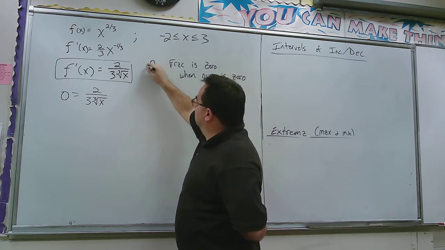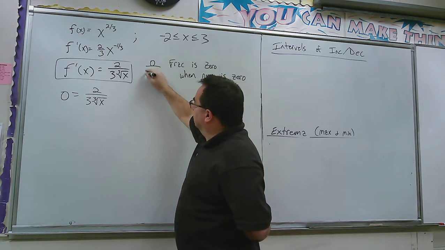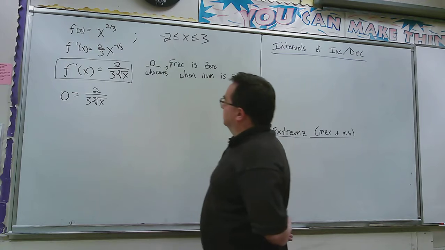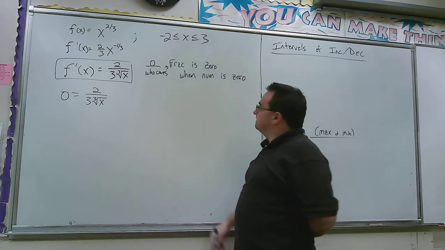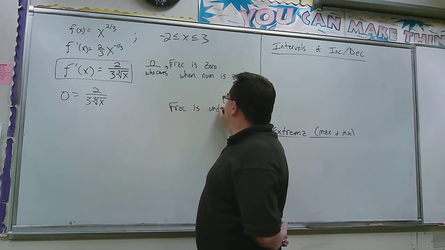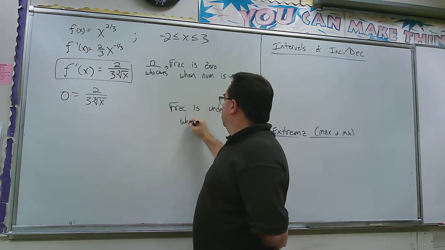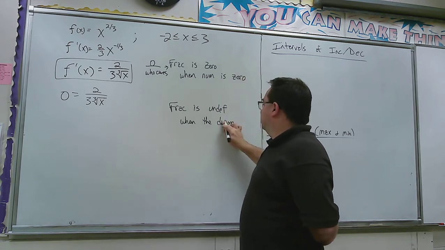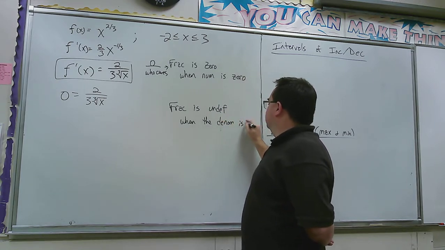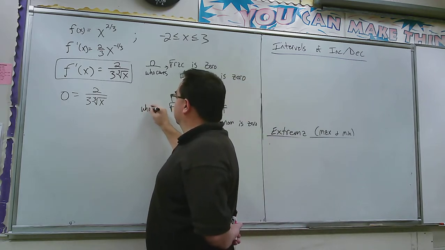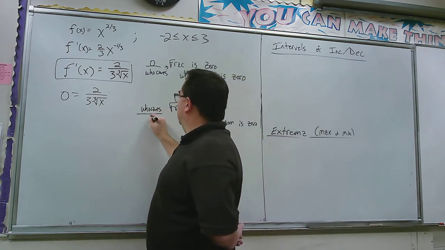When you have 0 over whatever, who cares? The fraction is 0. A fraction is undefined when the denominator is 0. So that would be who cares over 0.